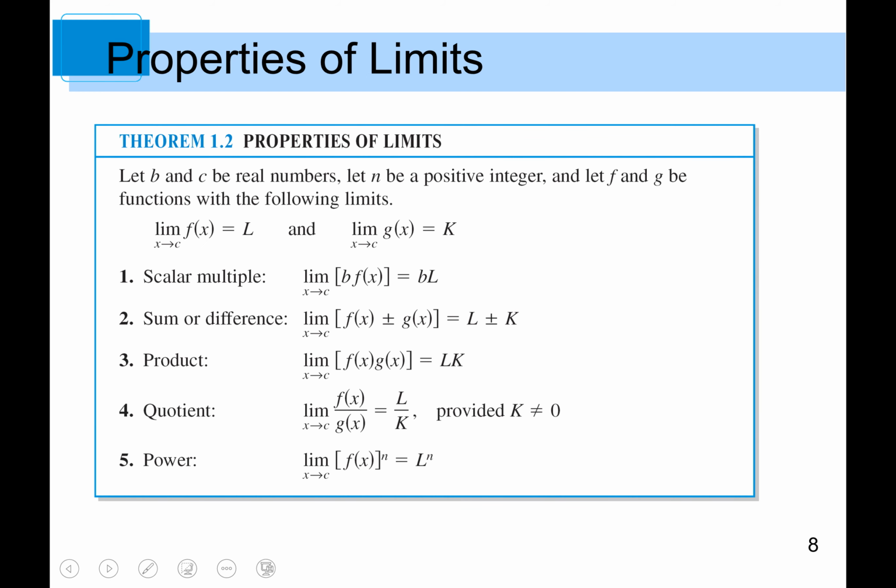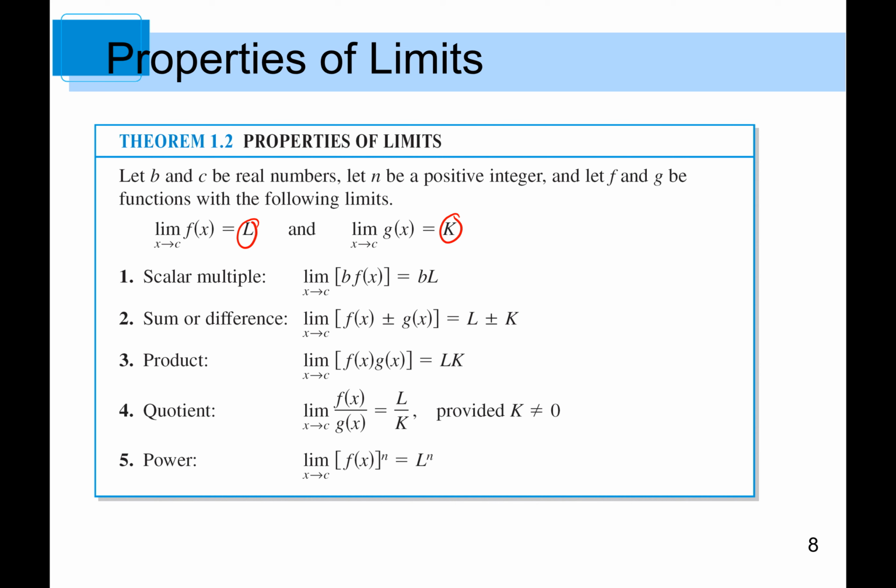So there are more properties of limits. Let b and c be real numbers, let n be a positive integer, and let f and g be functions with known limits. So the limit for function f of x when x approaches c is L. The limit for function g of x when x approaches c equals k.